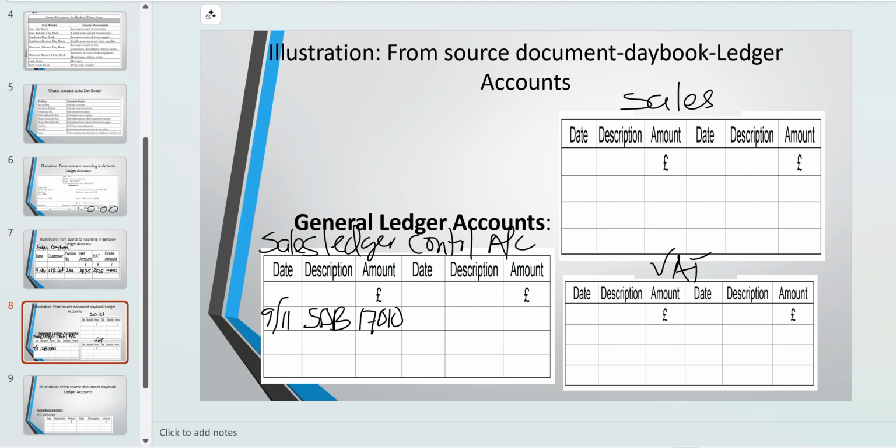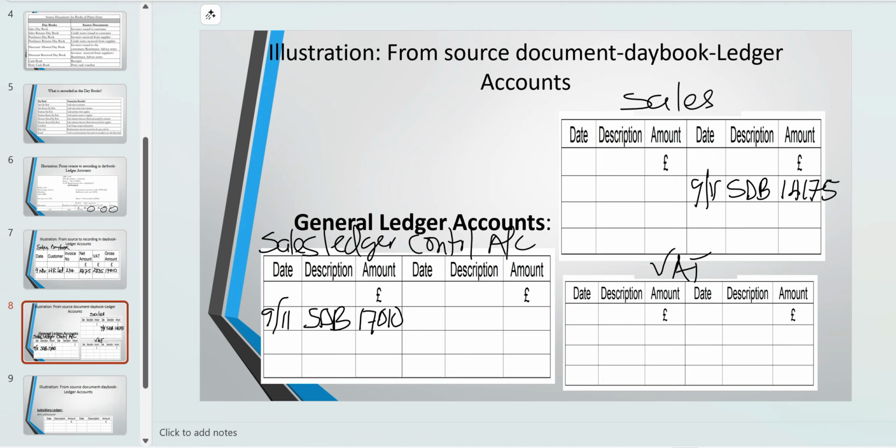And then when I go to the sales account, I'll write the net amount, the same date, 9th of November, sales daybook as my description, 14,175.